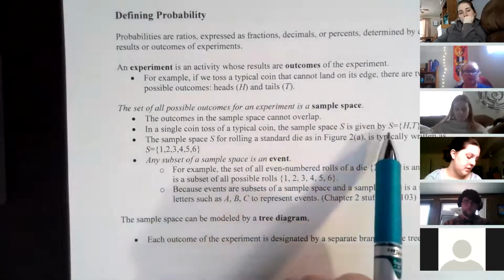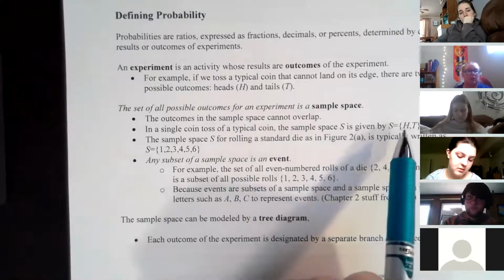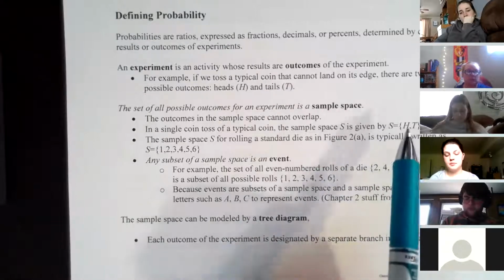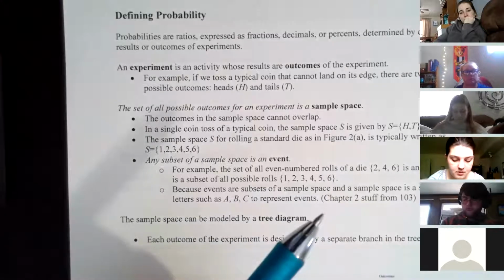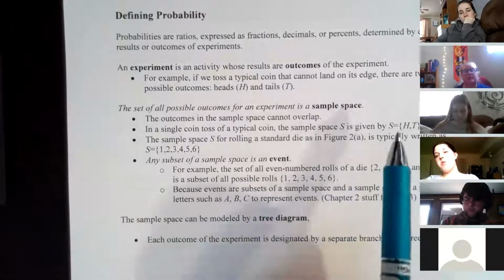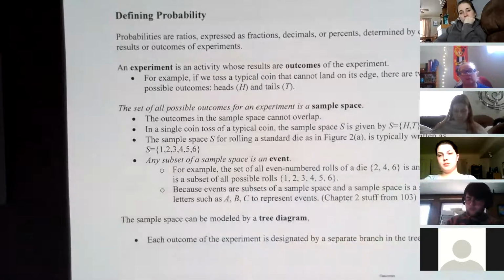In a single coin toss, the sample space would be given as a set S, and usually S represents sample space. The elements in that sample space for one coin toss would be either a heads or a tails. So if I wanted to describe the size of that set, how many elements are in that set?